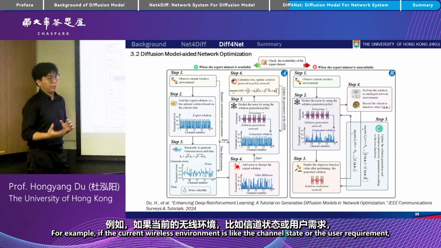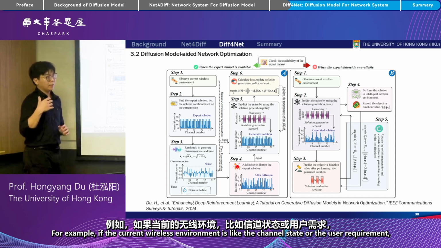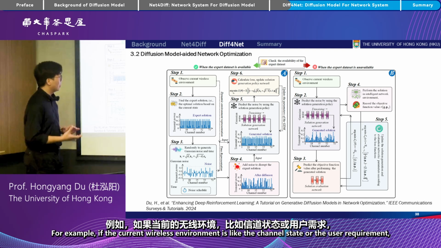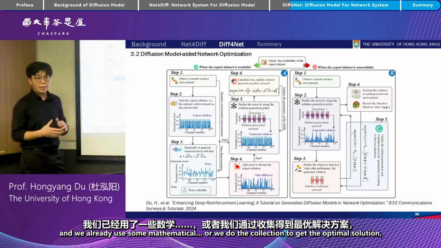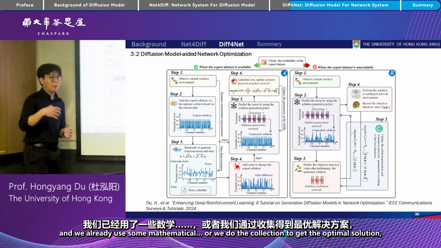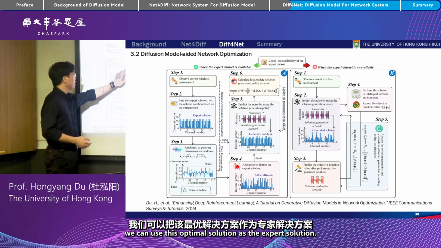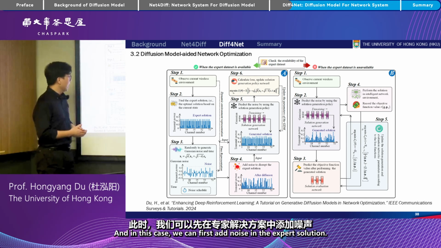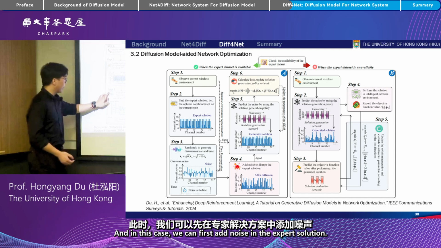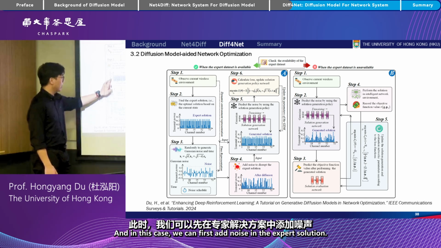For example, if the current wireless environment is like the channel state or the user requirement, and we already use some mathematical way, or we do the collection to get the optimal solution, we can use this optimal solution as the expert solution. And in this case, we can first add noise to the expert solution.